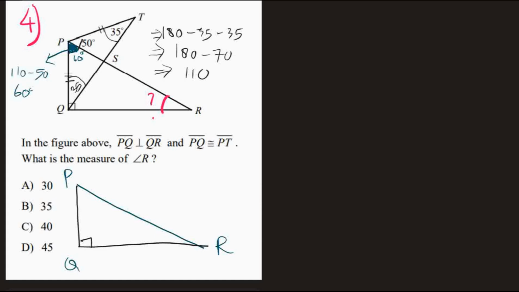Now since this is 60 degree and this is 90, this will be 30 degree, because if one angle is 90, the other two angles will sum up to 90 degrees. So altogether they will make 180. The answer.